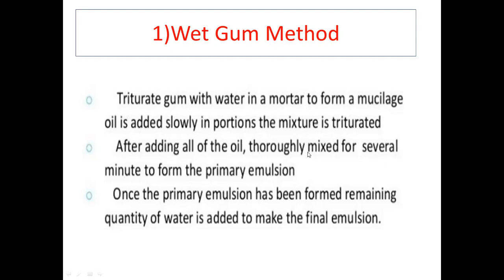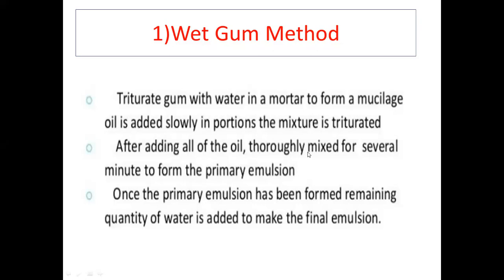Okay, so add the required weight of gum. That's why there is first the addition of water. Then triturate the gum with the water in the mortar to form a mucilage. Then slowly add oil to that triturated mixture. After adding the oil, it forms a primary emulsion.